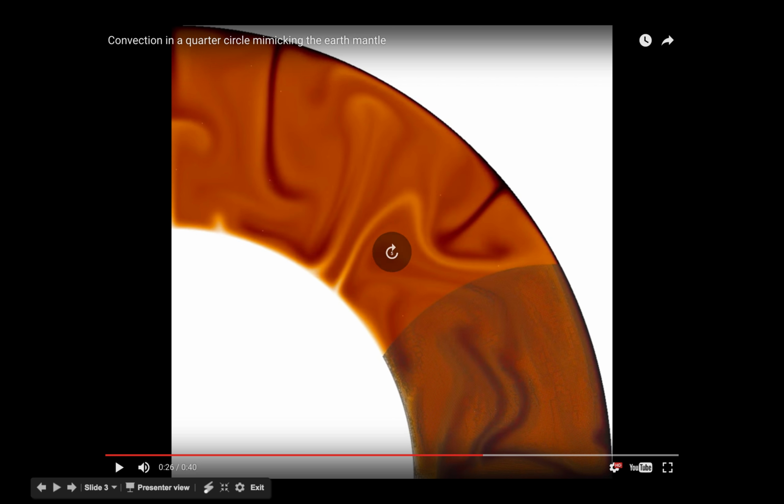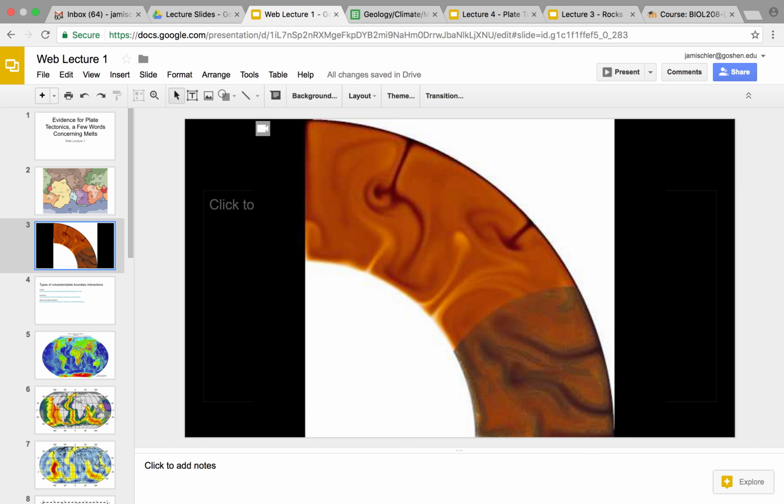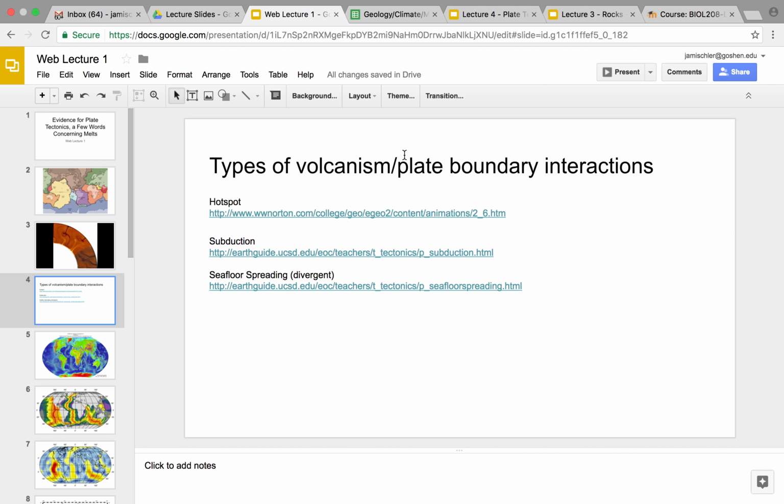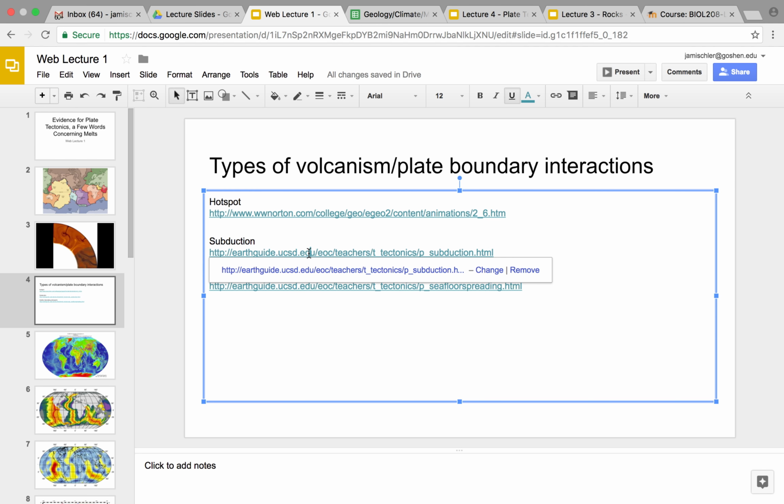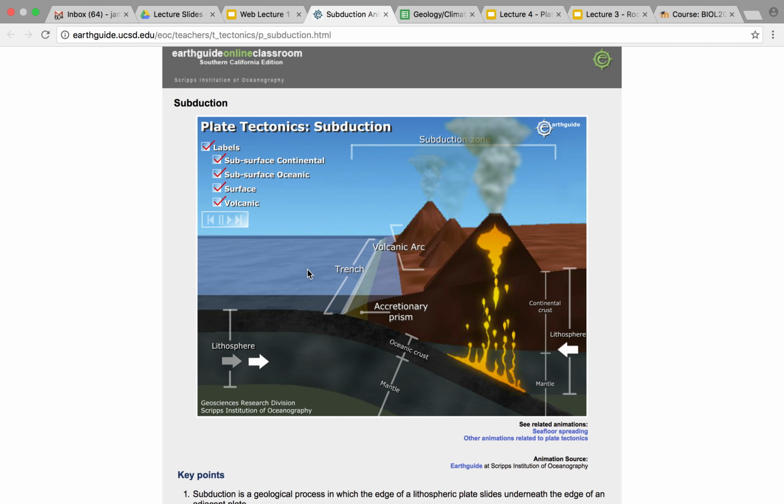Okay, and remember, there are a few different types of boundaries. And so we had already talked about the hot spot. Well, I won't go into that much here. Remember, you folks do have the link to the animation here. Let's just remember, with a convergent boundary, you've got subduction going on.